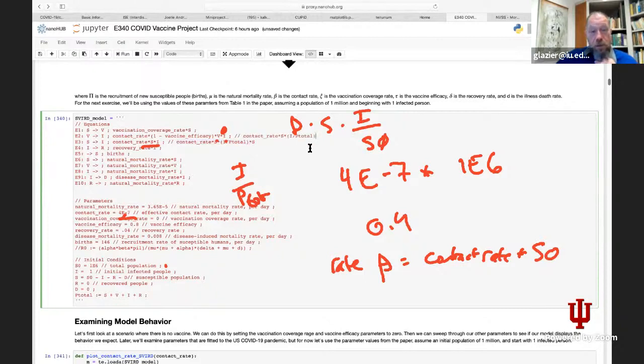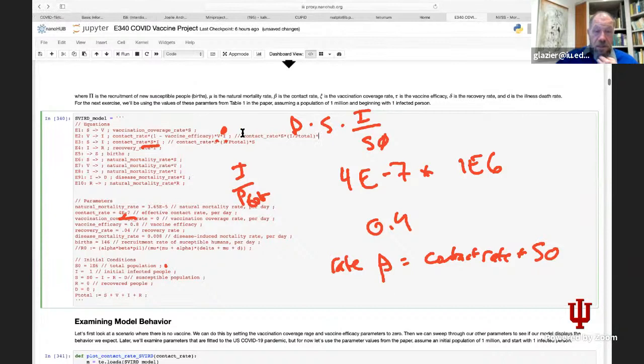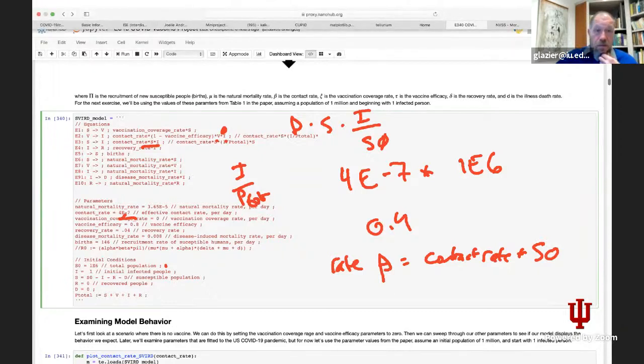I only care what the probability is that each person I encounter is infected. So writing it the other way is not mathematically wrong, but it's conceptually wrong. And Josh ran into this when he was working with a group in Pittsburgh, where the units didn't match on either side of the equation because they hadn't thought about that.